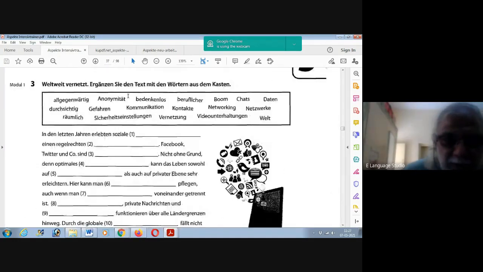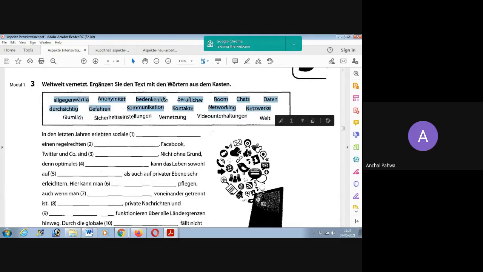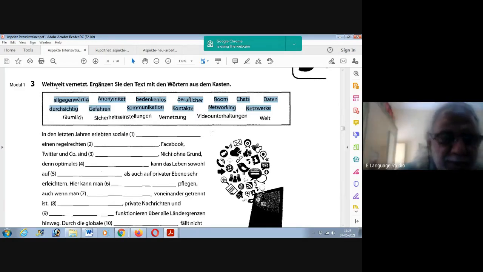Here we need to know the words. Das ist mit dem Netzwerk verbunden, das ist mit dem Internet verbunden, das ist mit der Technologie verbunden. Ja, alle diese Wörter sind mit der Technologie verbunden.